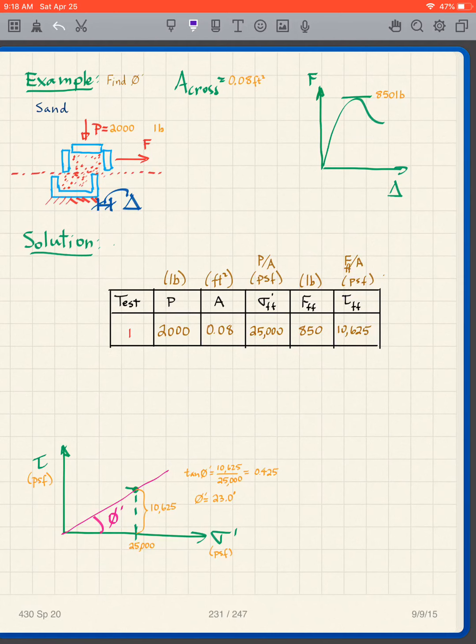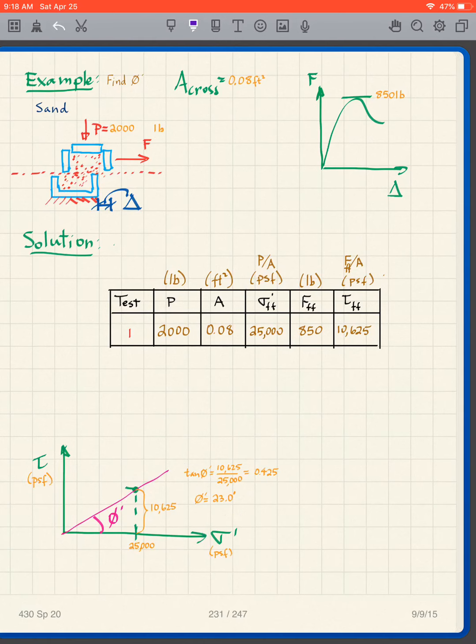So what's of interest here? My sigma prime FF and my tau FF. I plot those on my tau versus sigma prime plot, and it's that point right there. I draw a line from the origin to that point, and what do I see?